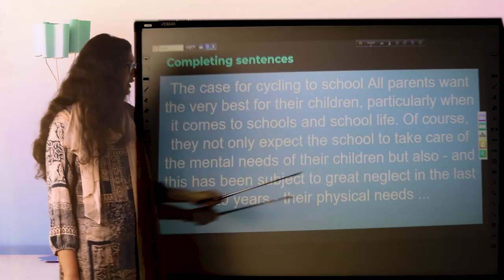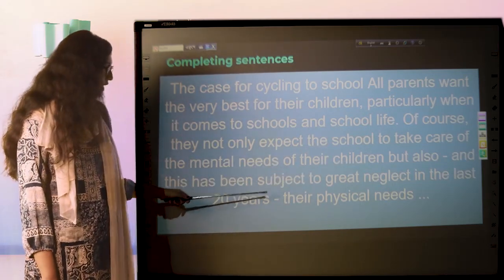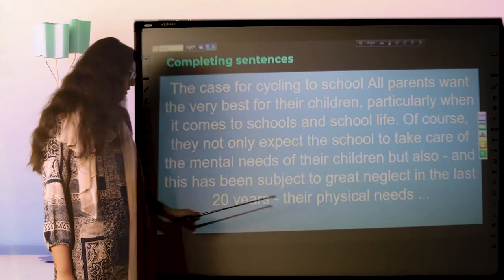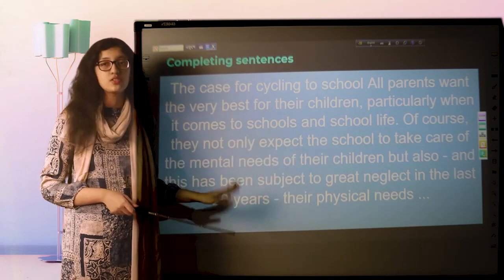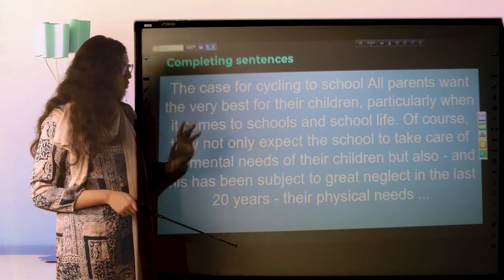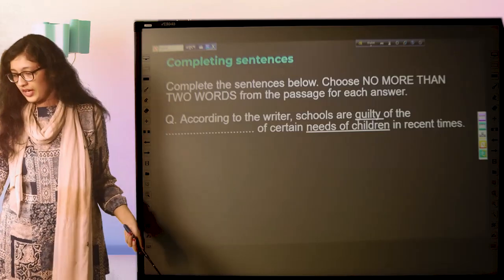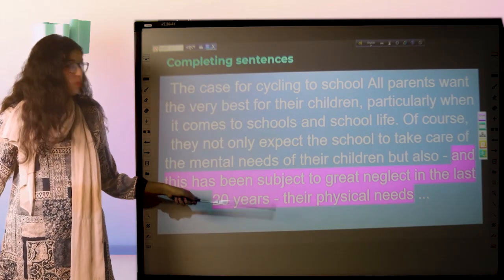From the second line, I can see that they mention the children's needs, and they're saying that the school has been neglecting them for the last 20 years. So the school has been neglecting the children's needs for the last 20 years. So we found the keywords already, and they're also neglecting their physical needs. So if I highlight the points here, this last line is where we get the answer.